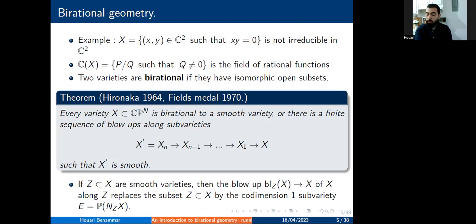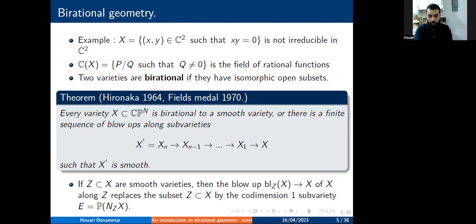But this is not true for positive characteristic. So this is not trivial. I think recently, maybe 4 or 5 years ago, some professors sketched that Hironaka's resolution of singularities should work for positive characteristic. But this preprint is not published yet, so I don't know if it will be accepted or not.